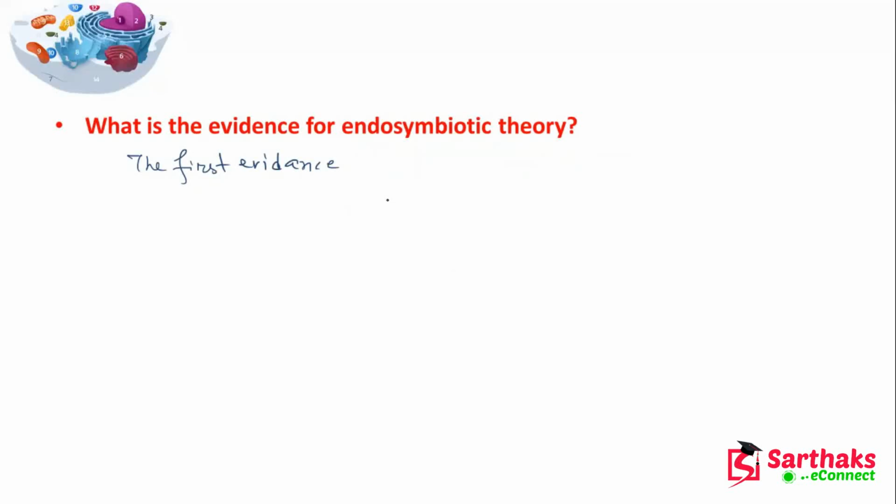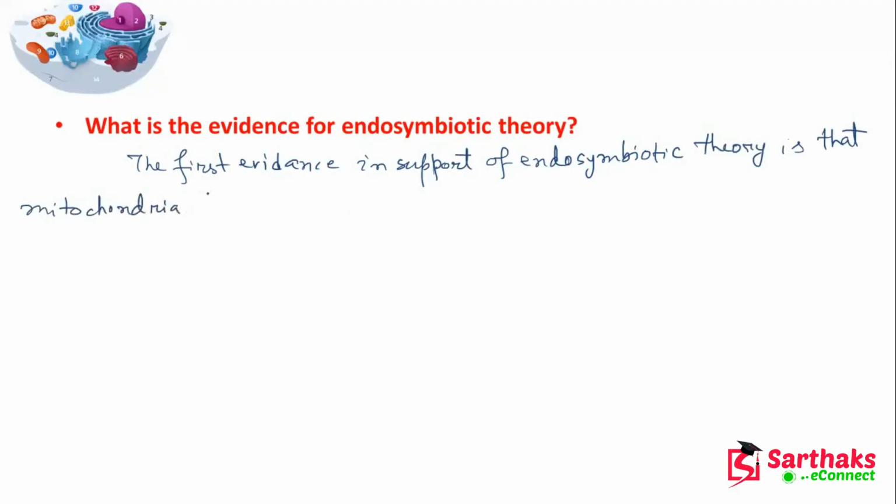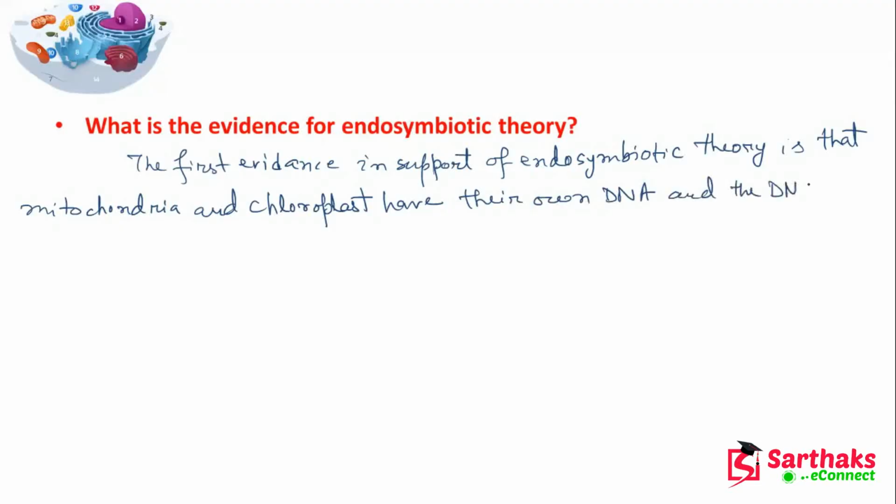The first evidence in support of the endosymbiotic theory is that mitochondria and chloroplasts have their own DNA, and the DNA is similar to bacterial DNA.